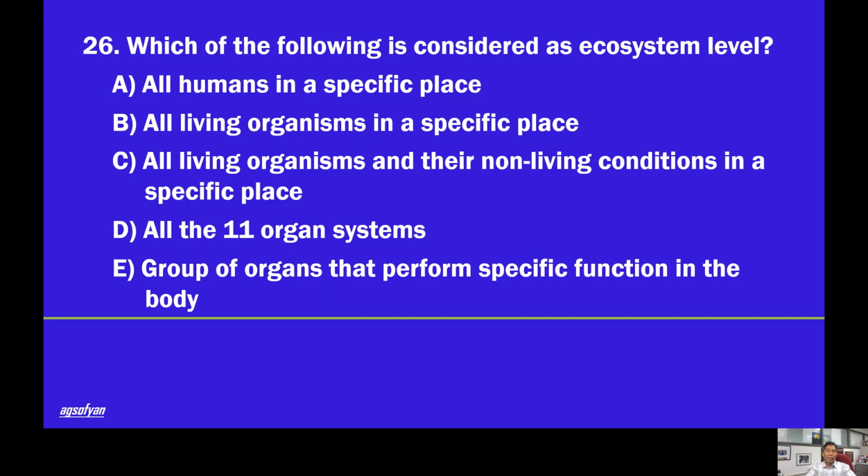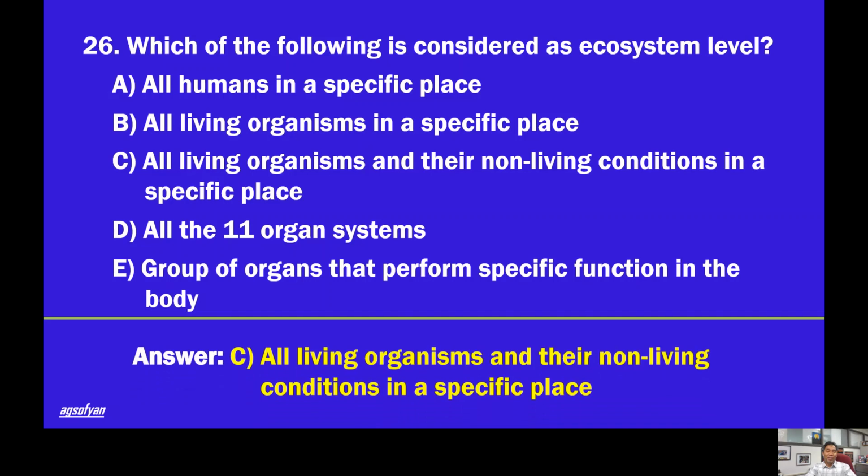Choose your answer. Yes, we already talked about this one, so the answer will be C, all living organisms and their non-living condition: the soil, the water, the weather, the wind, and all organisms that live in that area are studied at the ecosystem level.